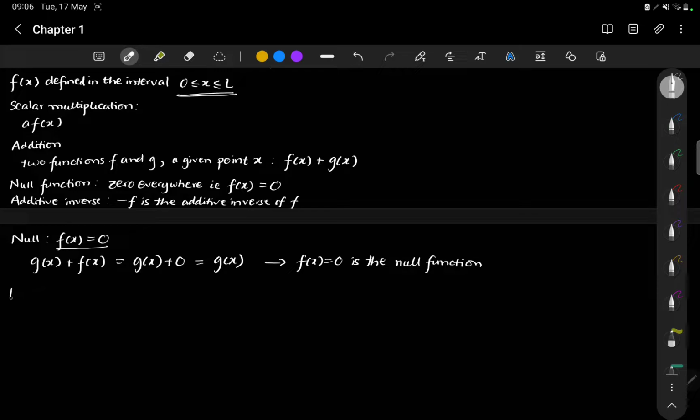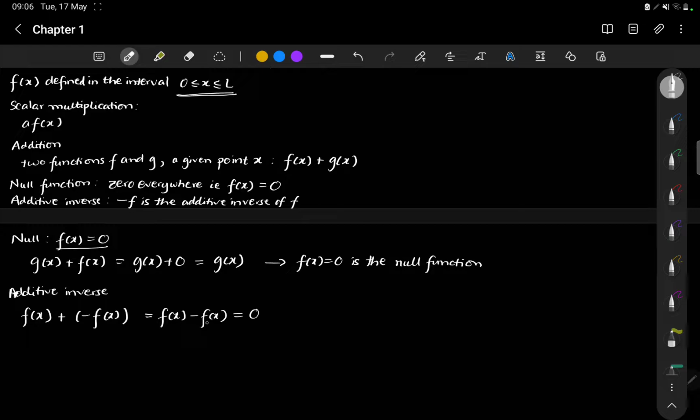And then let's look at the additive inverse. So if we have a function f of x, and if we add minus f of x to it, then what do we get? So these are numbers, right? f of x will be some number, minus f of x will be the negative of that number.